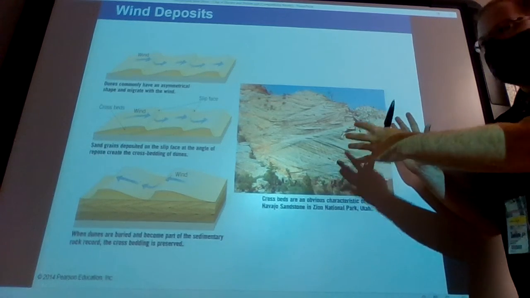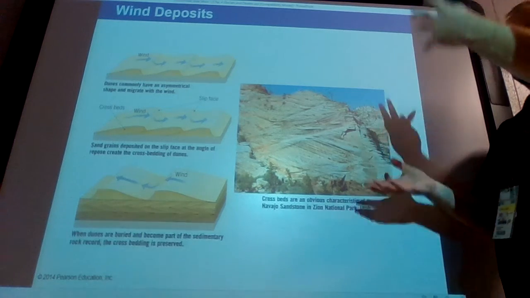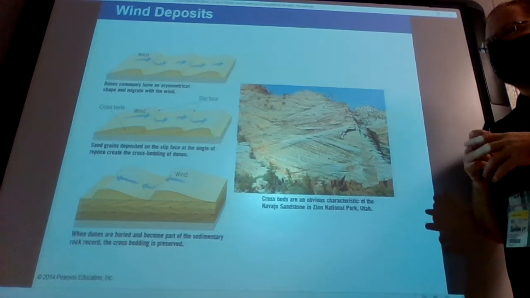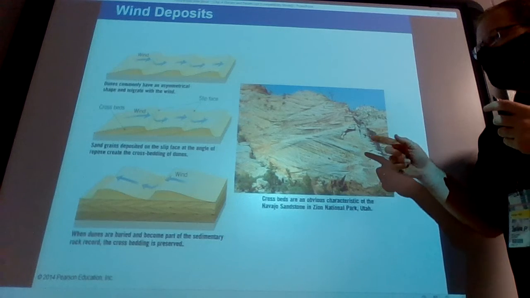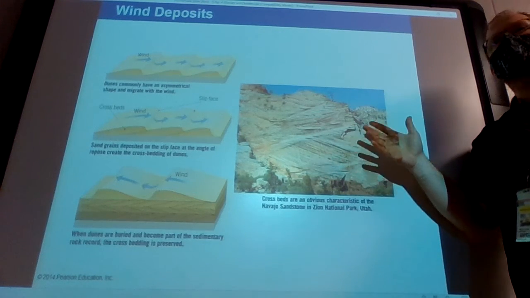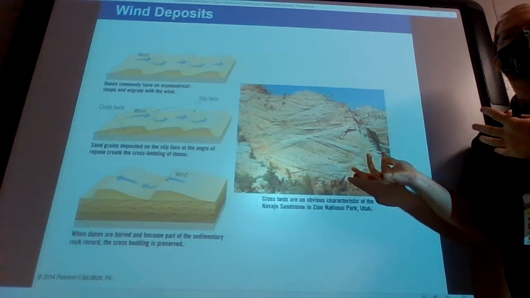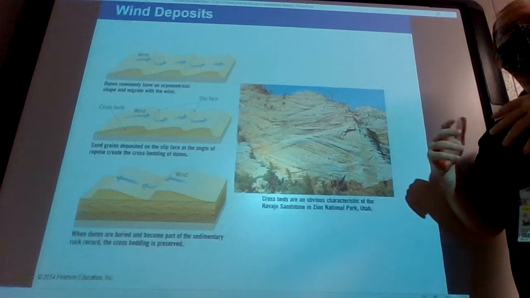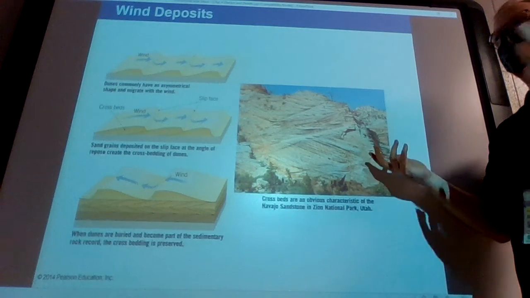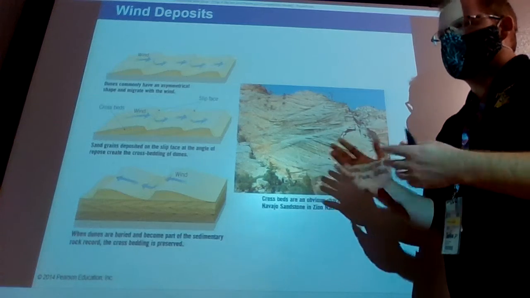If they're in place and haven't been moved, they haven't rolled down a hillside or been lifted or moved in any way because of plate tectonics, these cross beds here literally show us the direction the wind was blowing 100 million years ago when these rocks formed. So we can know just how arid and just how windy these environments were by looking at sedimentary rocks.